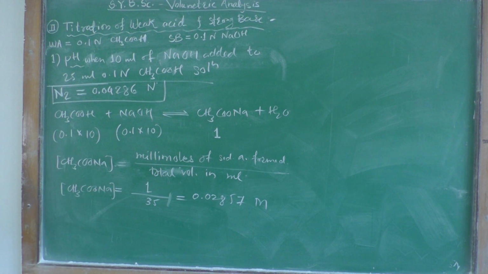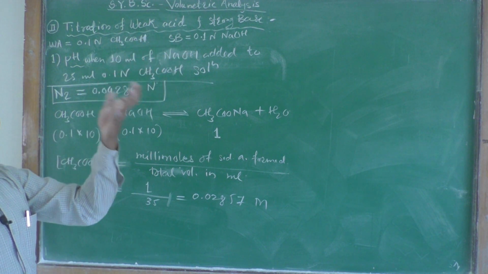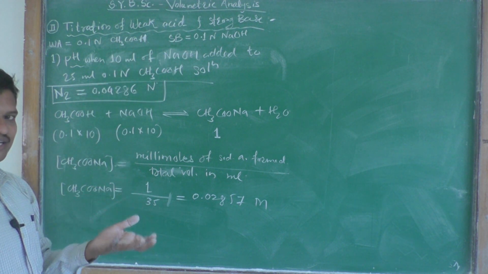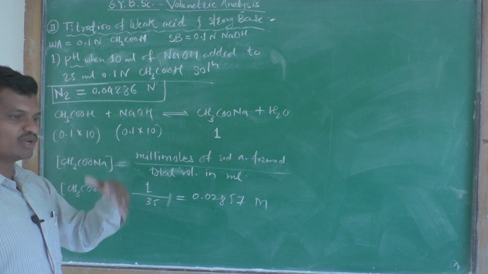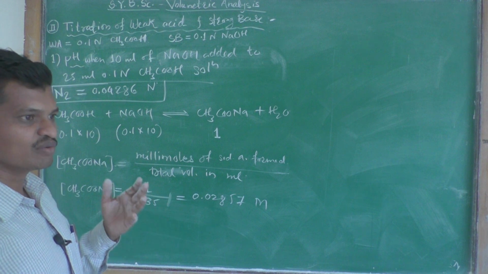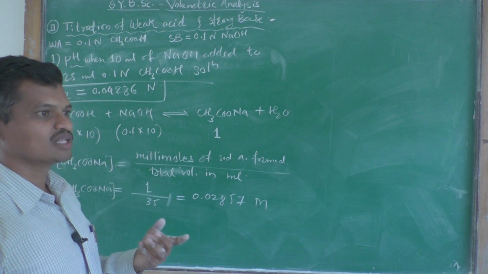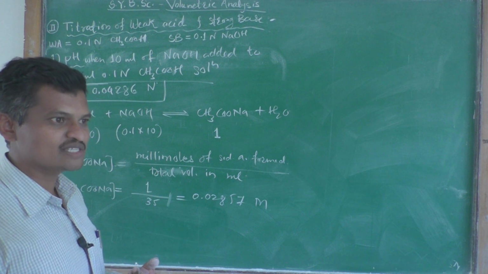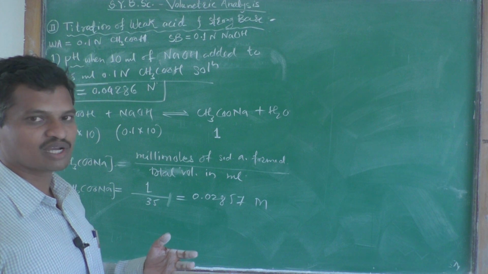Okay, now at every stage of this titration before the equivalence point, we have acetic acid in our conical flask, and we are adding NaOH, that is the base, from the burette. Before the equivalence point, at every stage there is a formation of an acidic buffer, because there is a weak acid, acetic acid, and a strong base NaOH, a combination of these chemicals.